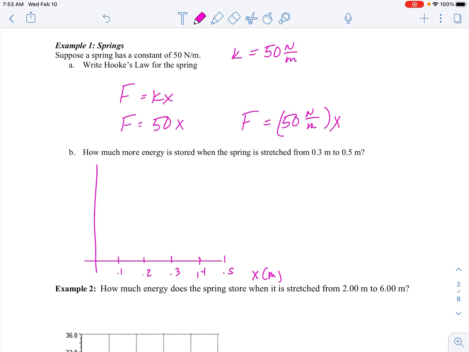On the y-axis is going to be my force. Now, my maximum x value is 0.5. So if I plug that into my equation, I get that the maximum force that I need is 250 newtons.